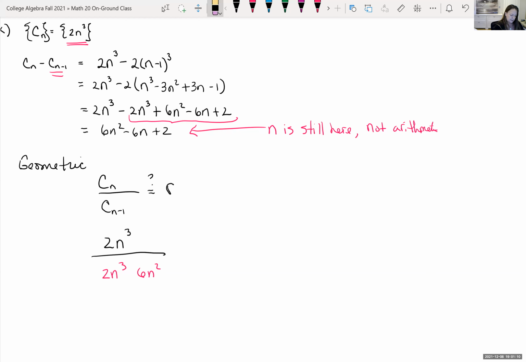So minus 6n squared plus 6n minus 2. This does not simplify down to equal a constant. And so this is not geometric. It's neither.